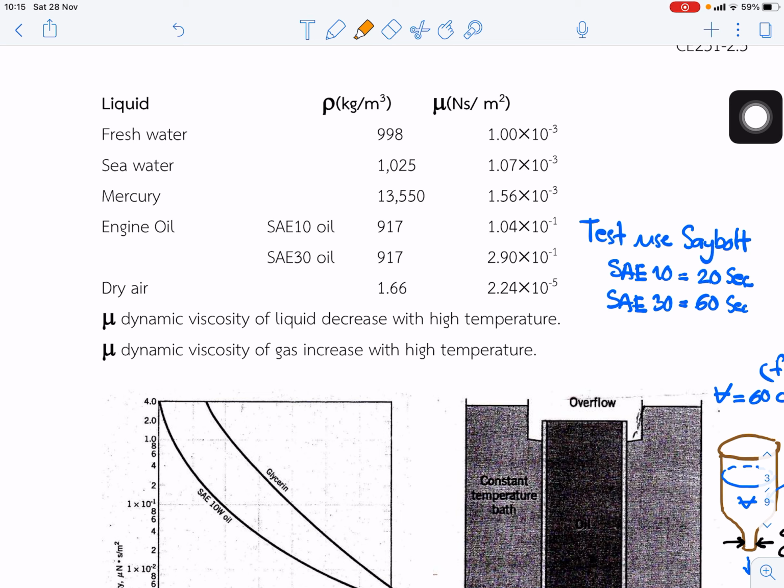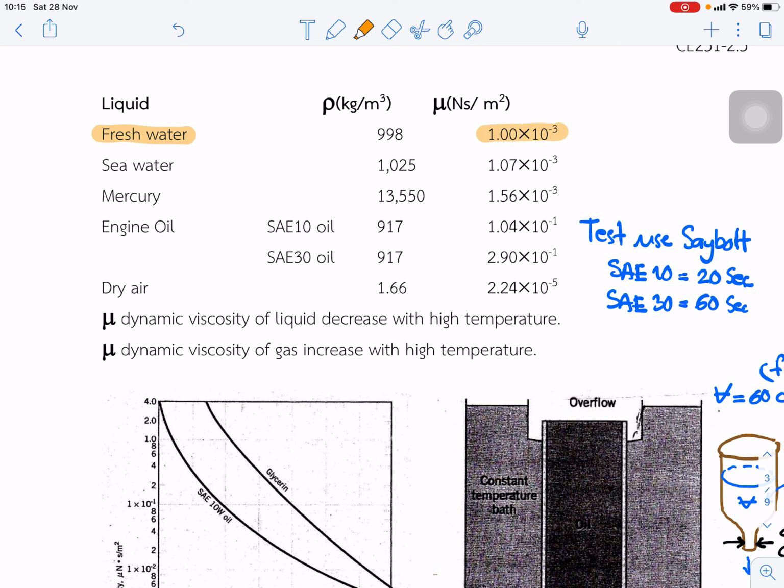Okay, that is the clip about the cornstarch. So next, if we look at the number of the dynamic viscosity, for example, fresh water, this viscosity is about 10 to the power minus 3.